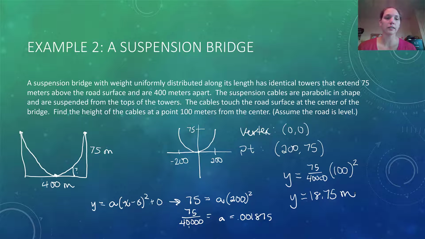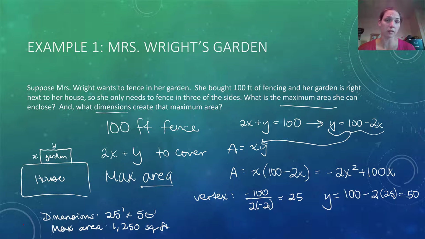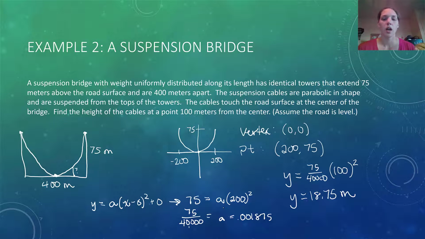So you'll definitely see some where you have to optimize, whether it's with the revenue equation or another area equation like this, or maybe we're trying to maximize some window or something like that. And then the suspension bridge, where we're modeling a quadratic and using that to fit.